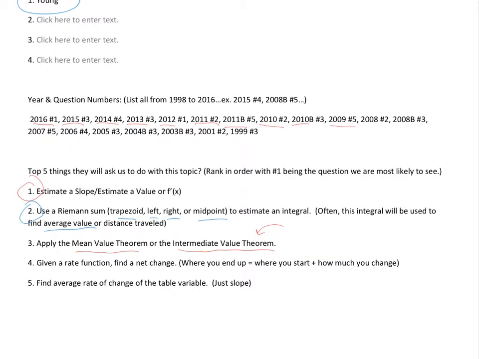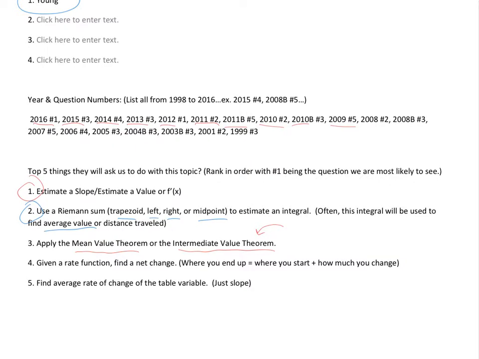So it could be the table represents the amount of snow or the amount of fish coming in to a fish market, and the function represents how fast the fish get processed, for example. I don't know why I thought of fish, but it might be some sort of function that's related. It might be during the time of the table or after, and we'll see some examples of those.